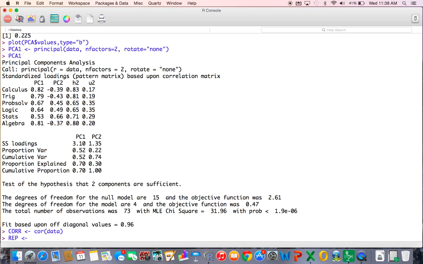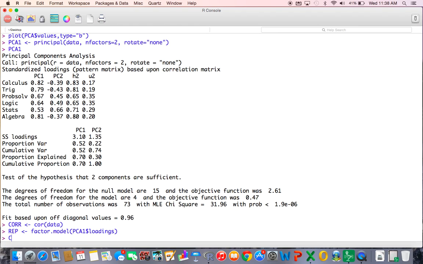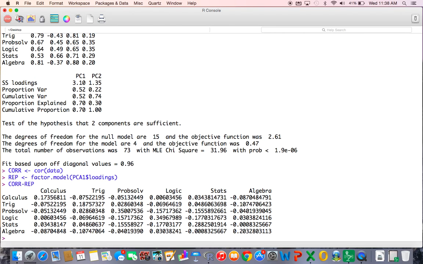So the way I do this is factor model, and I want this off of PCA 1, and I want this to be off the loadings. So now if I take COR minus REP, I get the differences in the two correlation matrices.